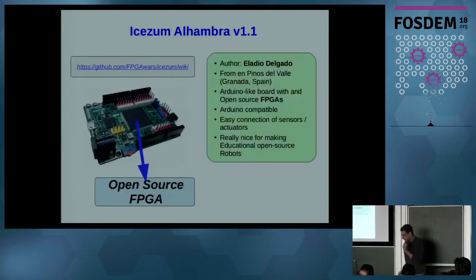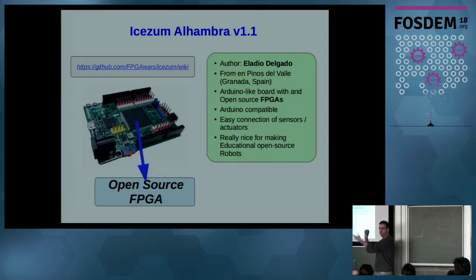So, the tools that we have designed. In this demo, I'm using the Icezum Alhambra. This is a kind of Arduino board, but we have removed the Arduino. It's open hardware, and we have replaced the Arduino with an FPGA. Instead of programming your robots or your stuff, just create digital circuits for learning.